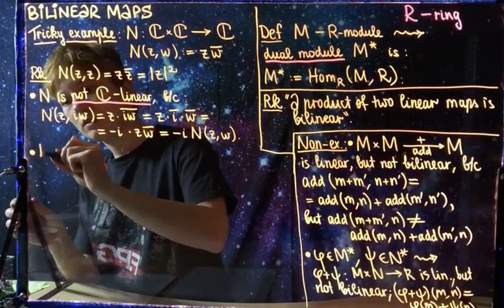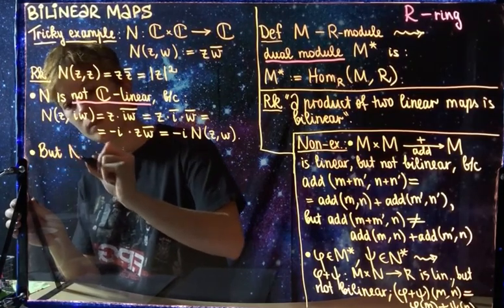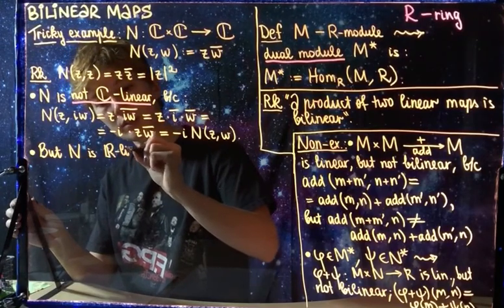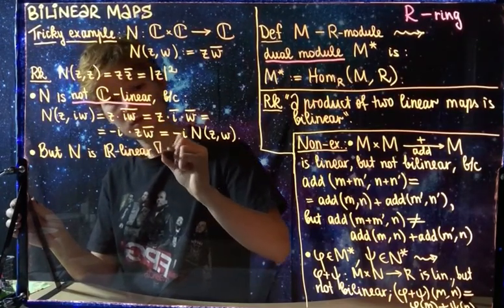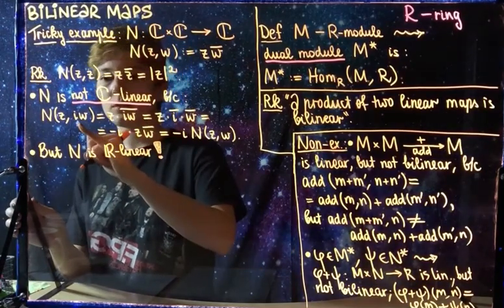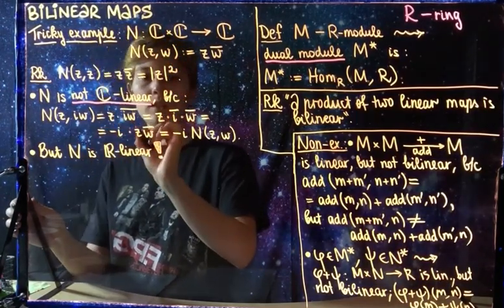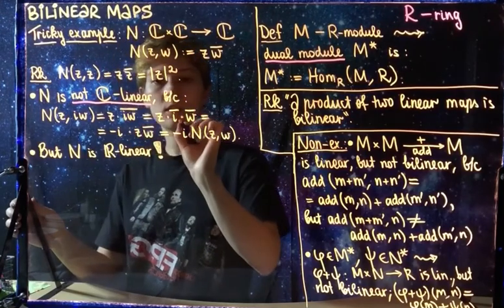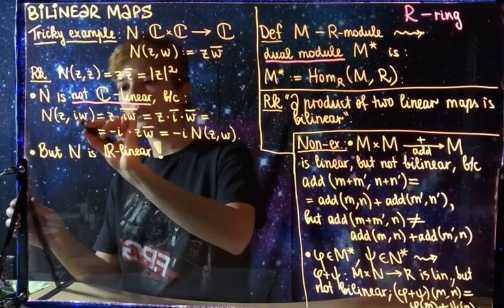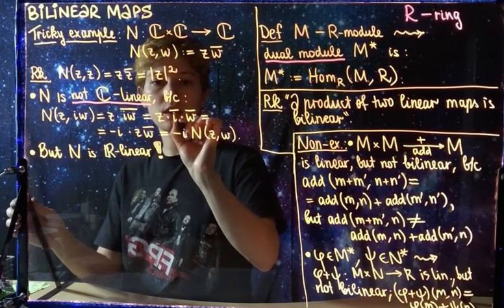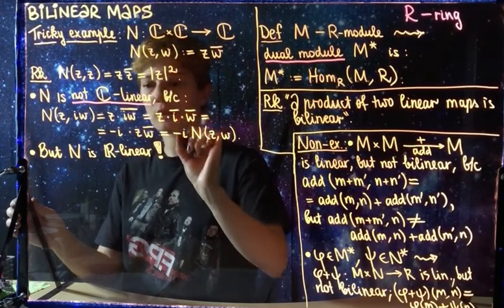But N is R-linear. And this is because for the same reason as we showed here, if we take some real number instead of i, it would not change after complex conjugation.